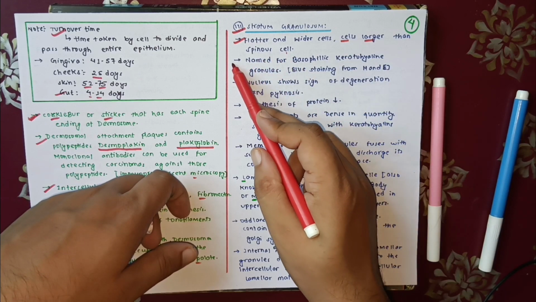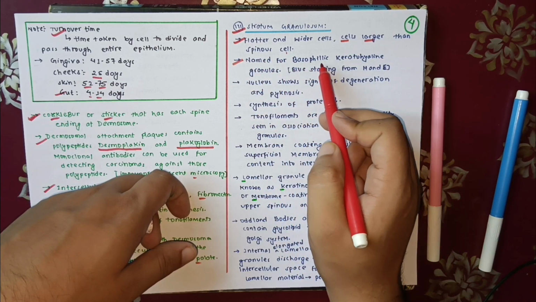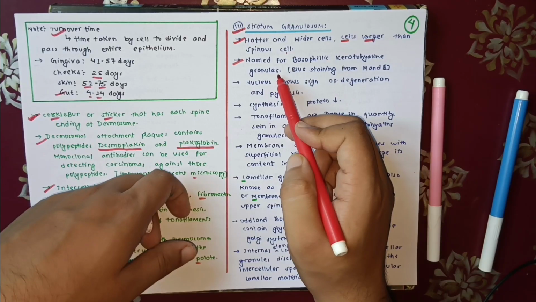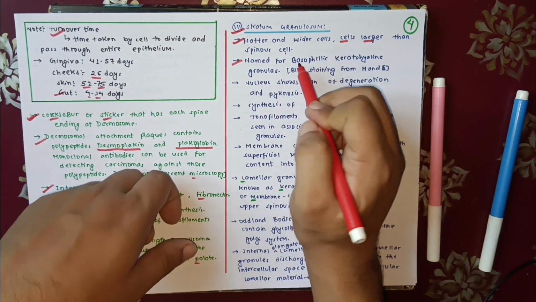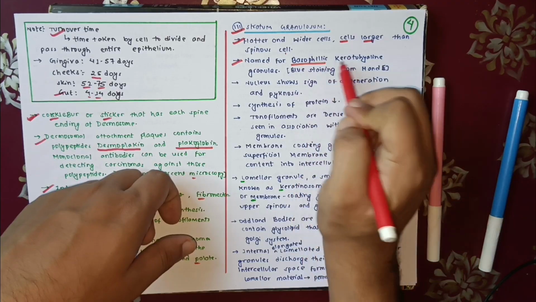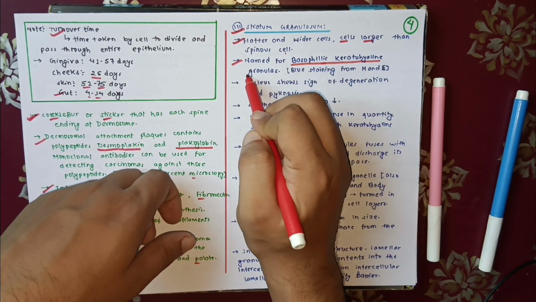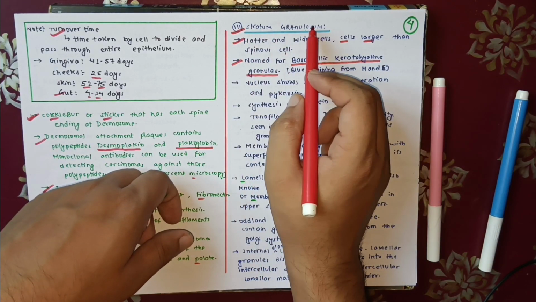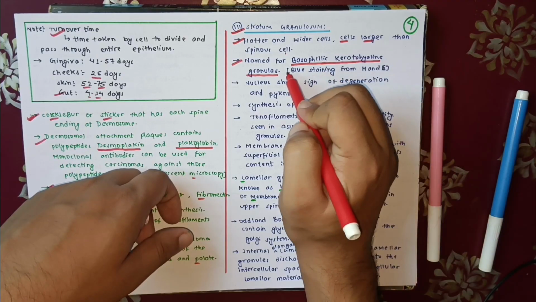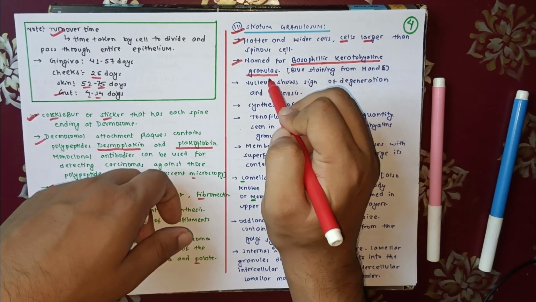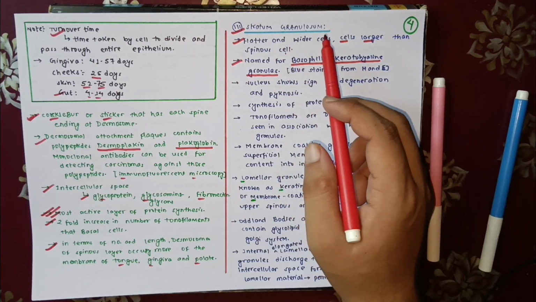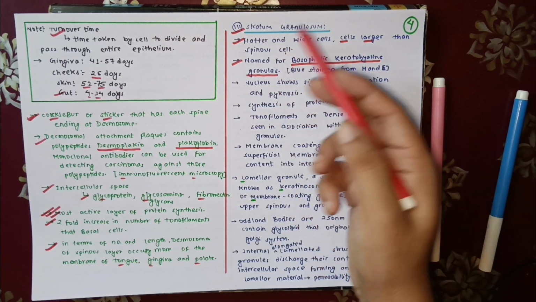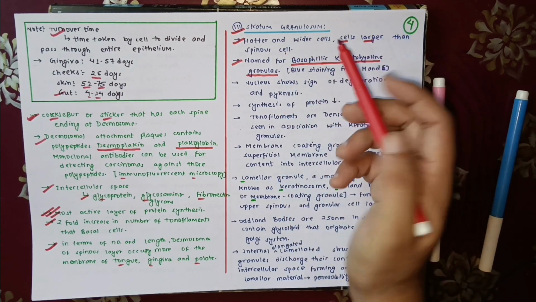It is named for the basophilic keratohyalin granules. This is a very important point and structure found in the stratum granulosum. Because they are present here, it is named granulosum.